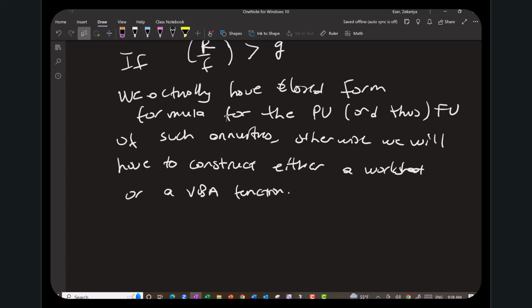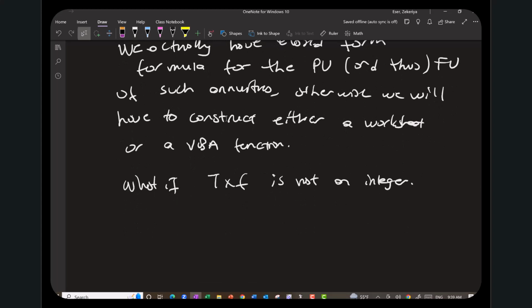Now, there is one thing, this is only for completeness purposes. What if T times F is not an integer? Normally that doesn't make too much sense, but sometimes we ask the question, how long do I need to wait to reach a pilot? So I want to be able to allow total number of payments to be non-integer, technical speech. We're kind of going to do the following.